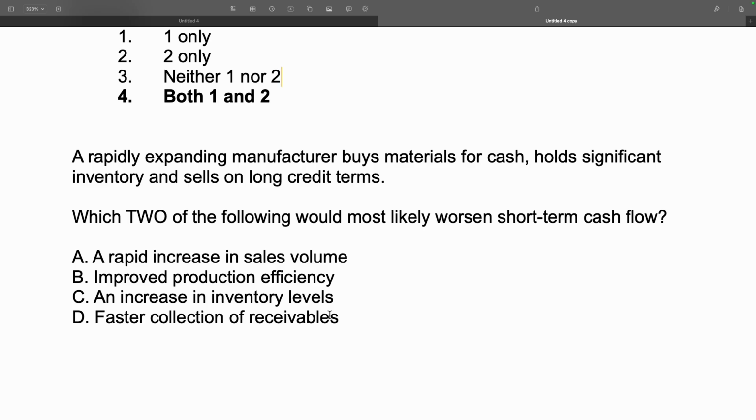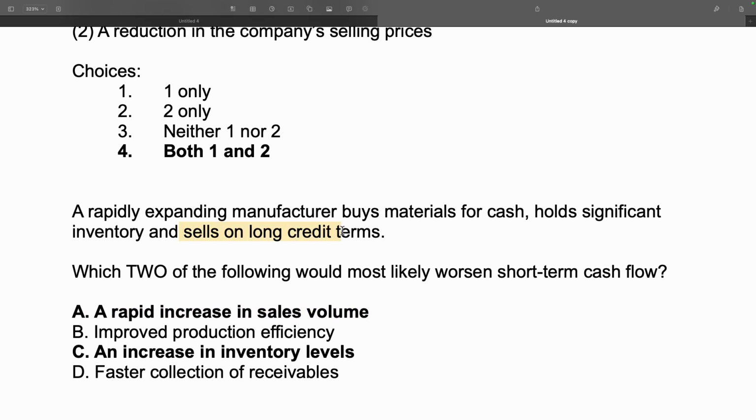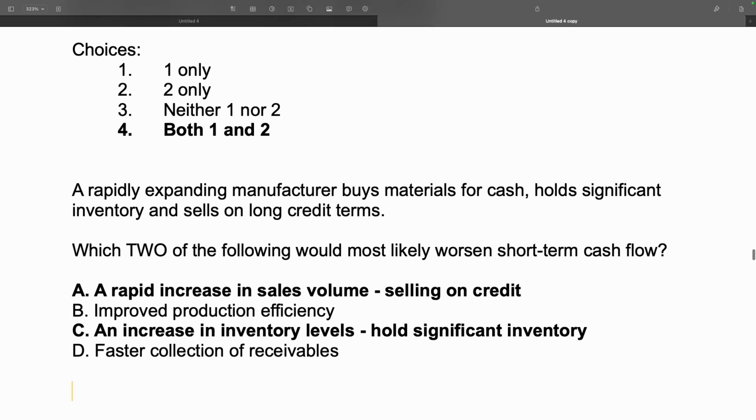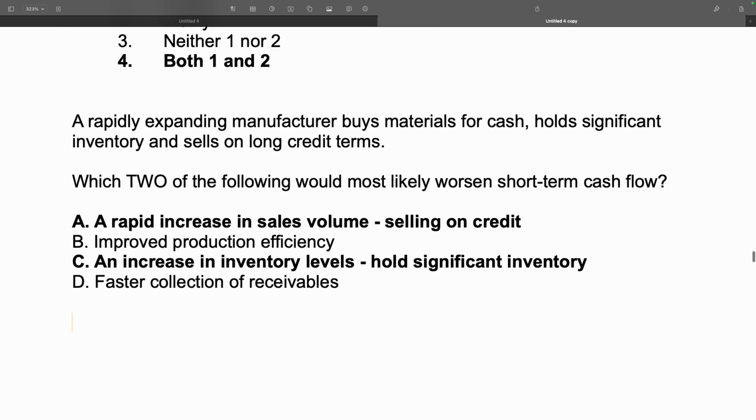Rapid increase in sales volume should increase your sales. An increase in inventory level will worsen the short-term cash flow. A rapid increase in sales volume is also going to cause a problem because you are selling more on long-term credit, so your receivables will also increase. That's basically the issue you should pick up.